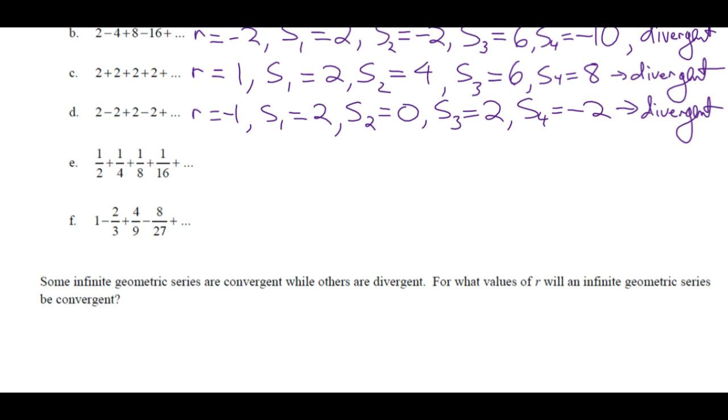What is R? Half. So in this case, I don't bother dividing a quarter by half. I just say, what do I multiply half by to get a quarter, and then a quarter by to get an eighth? So I multiply by half. What is S1?